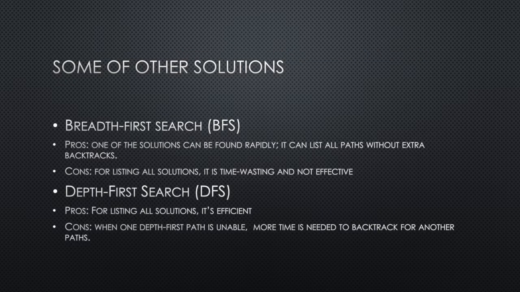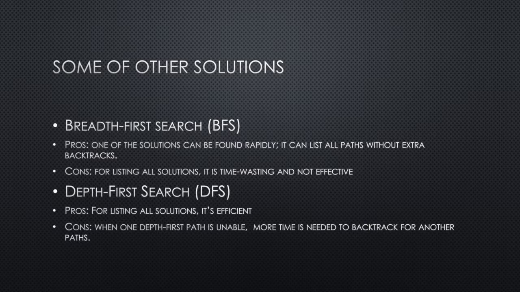There are some other solutions, which are BFS, breadth first search. The advantage of BFS is that one of the solutions can be found rapidly. It can list all paths without extra backtracks, and the disadvantage is that for listing all solutions, it is time wasting and not effective.